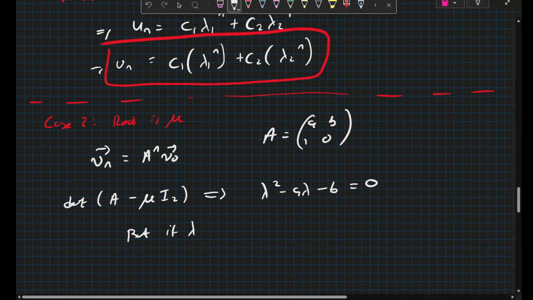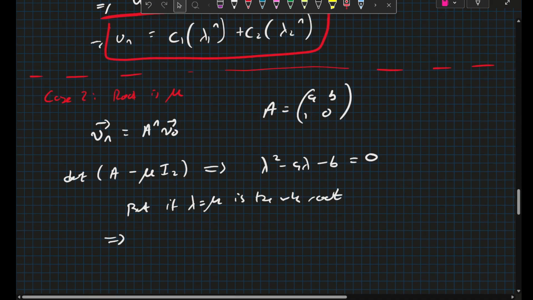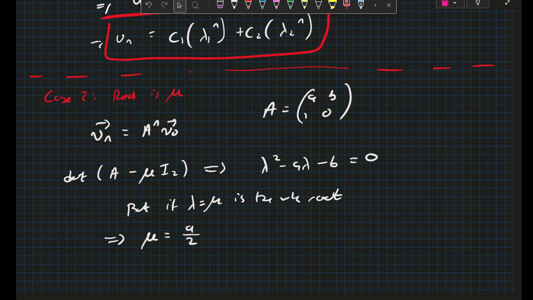But if lambda equals mu is the only root, then by using the minus b formula we can come to the following conclusions. Firstly, mu is just a divided by 2. And secondly, if we note the discriminant, then we get the fact that a squared plus 4b equals 0.